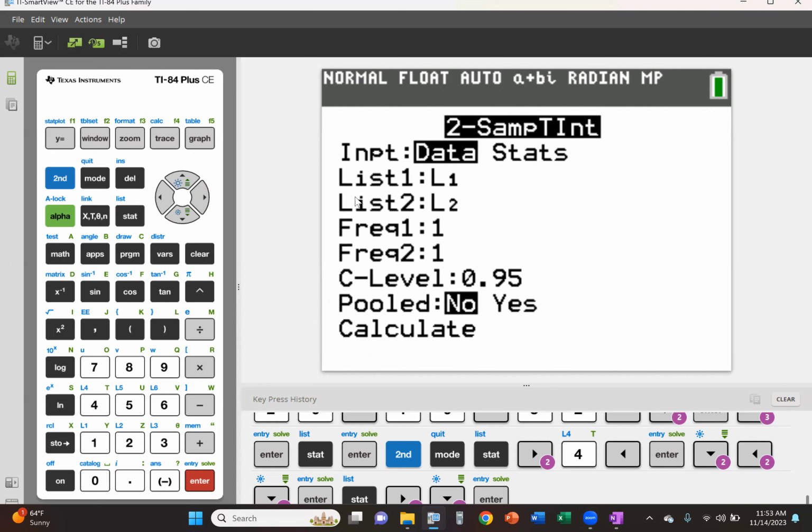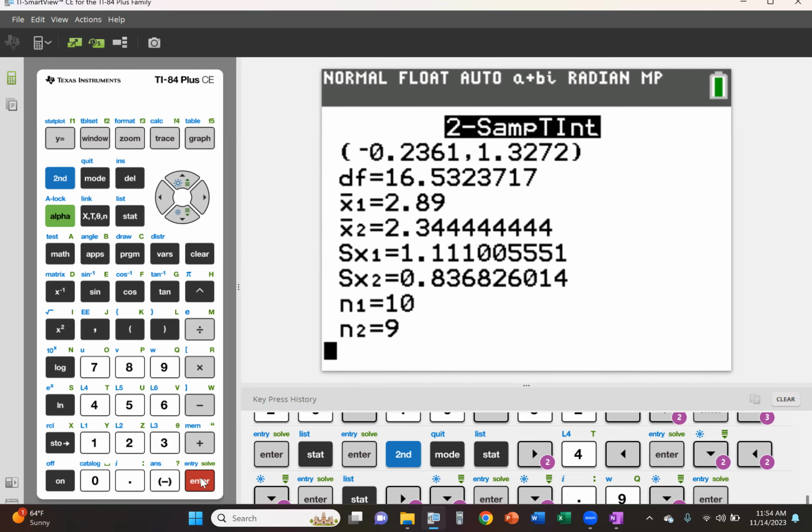It is already on my data, L1 and L2, and my confidence level is 0.9, so let's change that. My confidence interval is from negative 0.2361 to 1.3272.